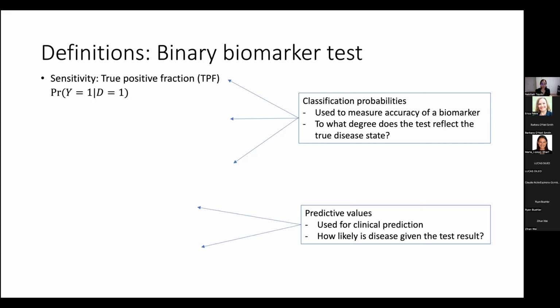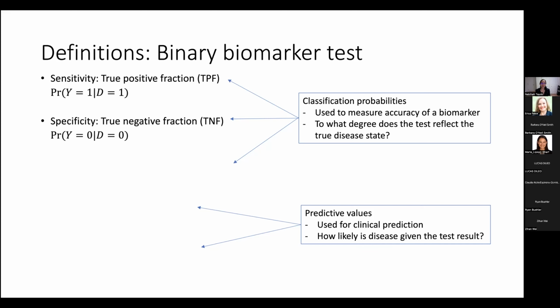That's the probability that the test is positive given that you have the disease. The straight line means conditional probability. So among those who have the disease, what's the probability that your test is positive? Specificity, true negative fraction, is among those who don't have the disease, what's the probability that your test is negative? So that's your true negative fraction.